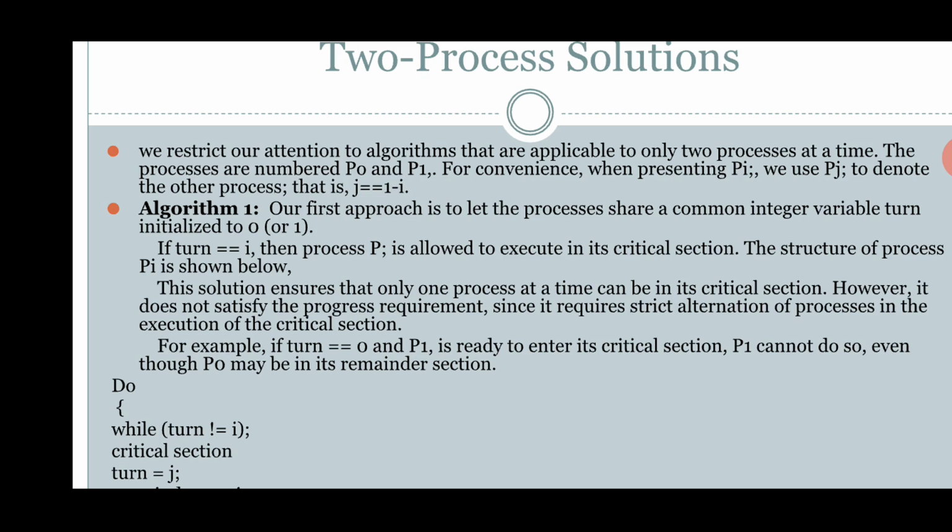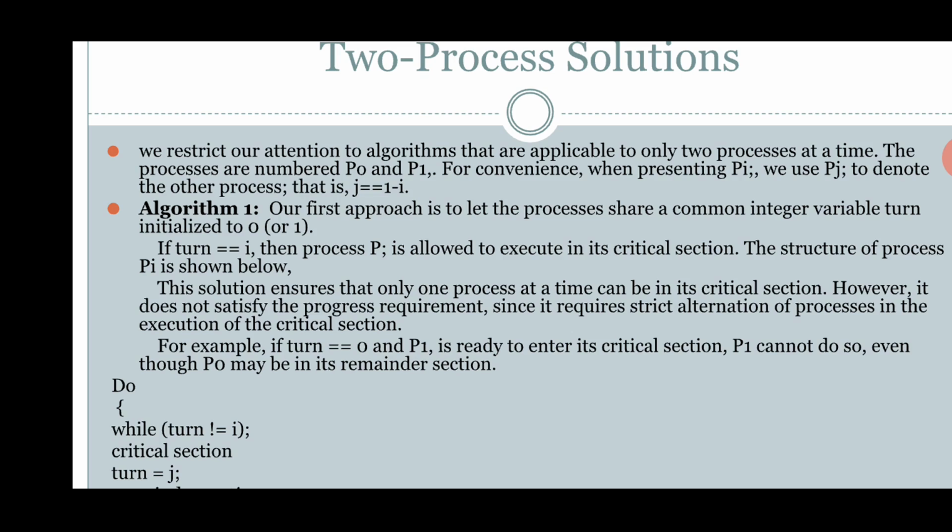So just for identification purposes, we are using a flag variable. Here, instead of the word flag, they have gone for turn. The structure of process Pi is shown below. Instead of going to the last part, let us complete the theory part.